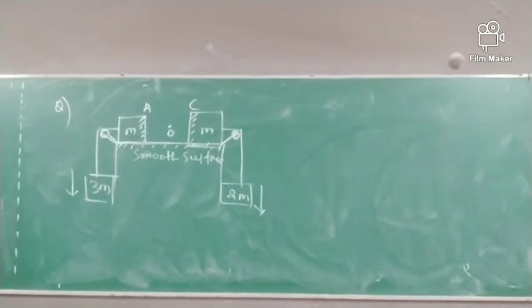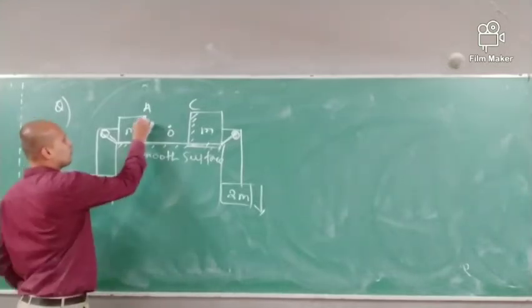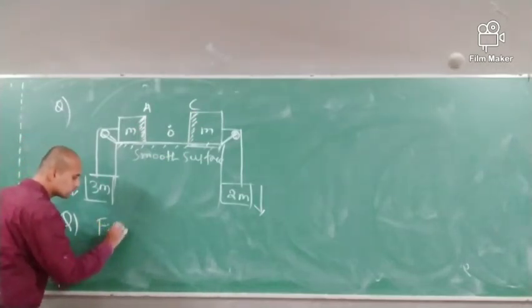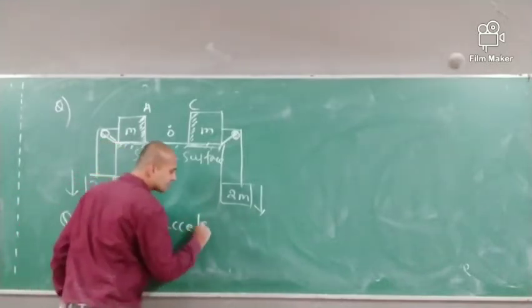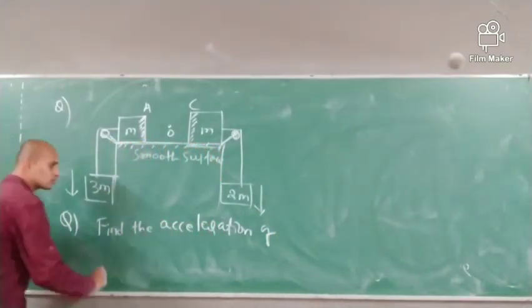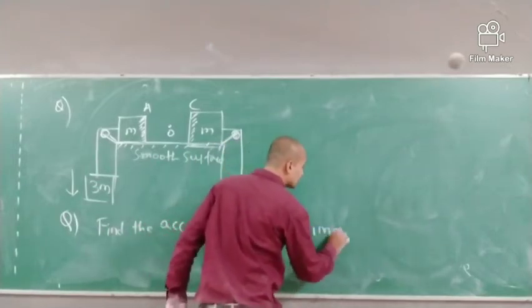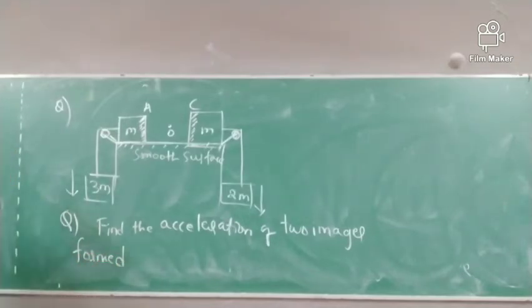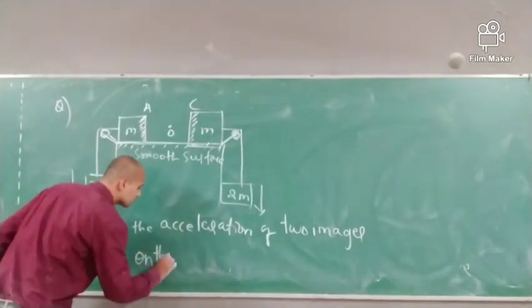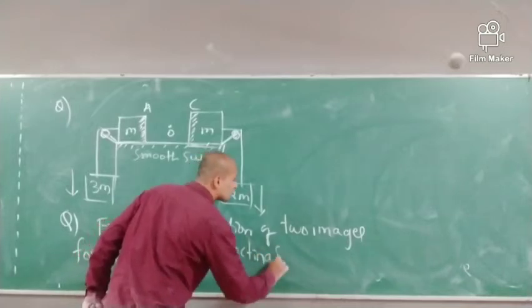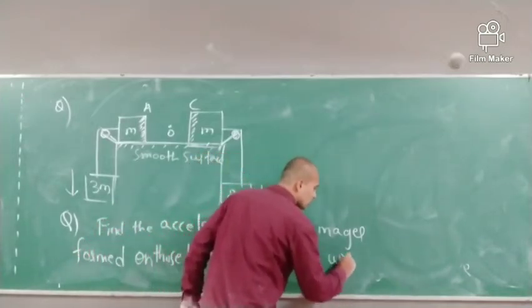Now the question is very simple. This is mirror A, this is mirror C. Find the acceleration of the two images formed on those two reflecting surfaces with respect to each other.